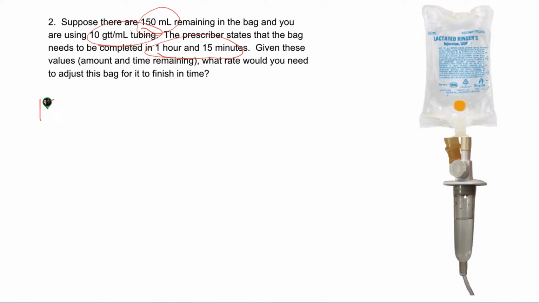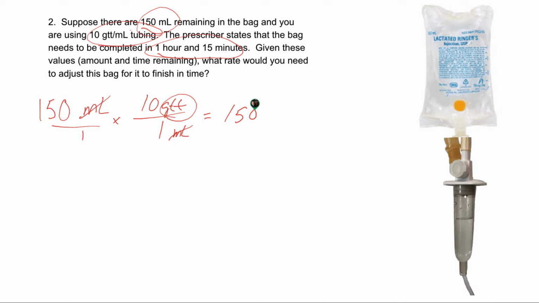So I know there are 150 mLs left, and each mL is going to be broken into 10 drops. So just a quick one-step dimensional analysis. I see there are still 1,500 drops remaining to be infused in this bag. Those 1,500 drops will be infused in 1 hour and 15 minutes.